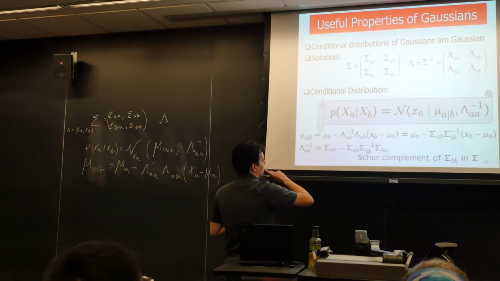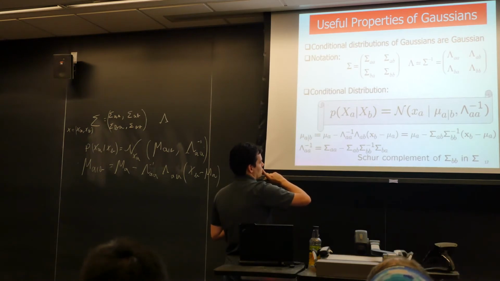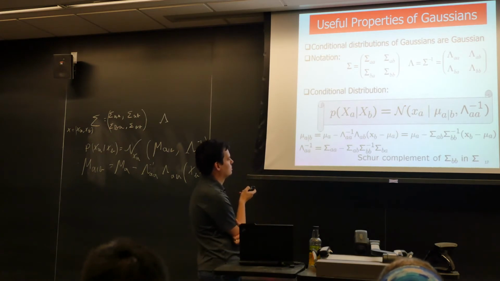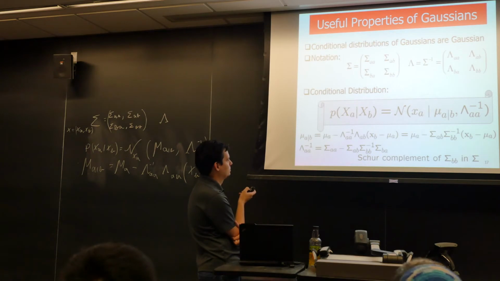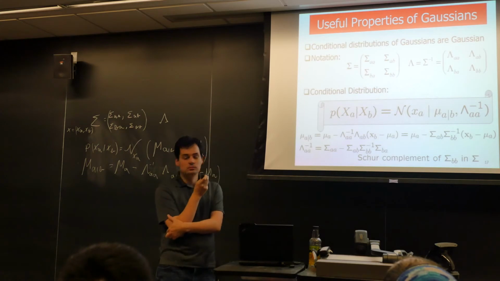It should be mu B. Wherever XB occurs, it must be centered with respect to mu B, right?